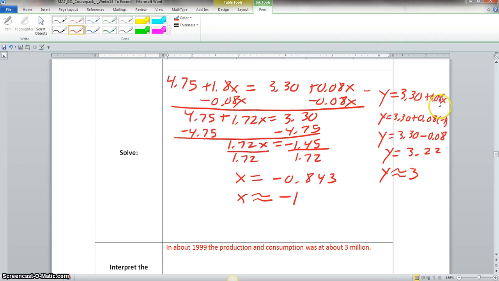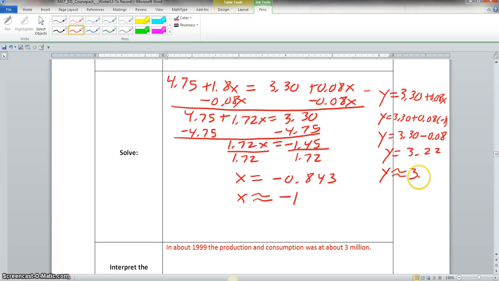Now we solve for our y. Now, I decided to take the first equation, and I had y equals 3.30 plus 0.08x. Now I substituted in negative 1 for x, and I had 3.30. 0.08 times negative 1 gave me a minus 0.08. 3.30 minus 0.08 was 3.22.